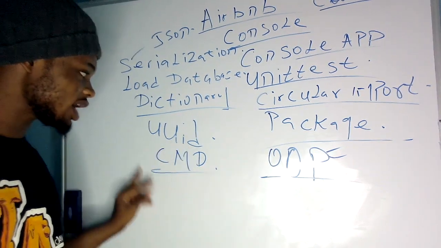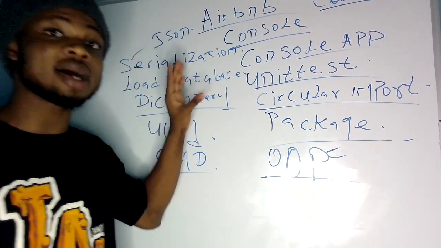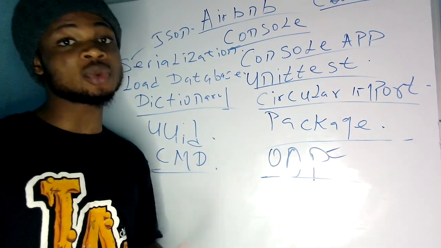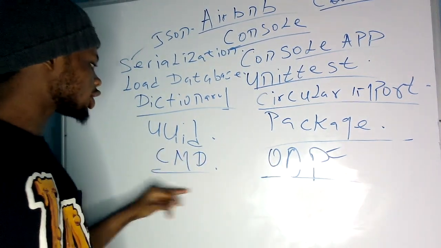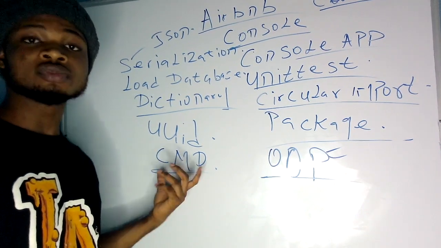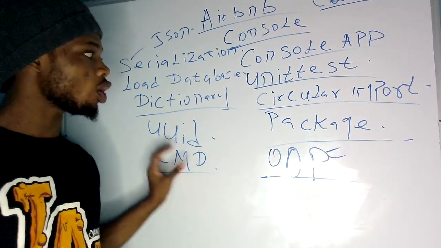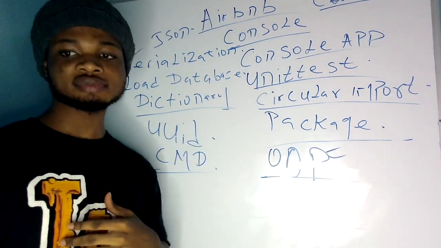That's what the CMD is all about, because you need a way to interact with the objects in your database. If not for this CMD model, there is a way, you have to start writing an application like that, but this micro library or module in Python makes it very, very easy for us to work on our objects that are stored in the database.